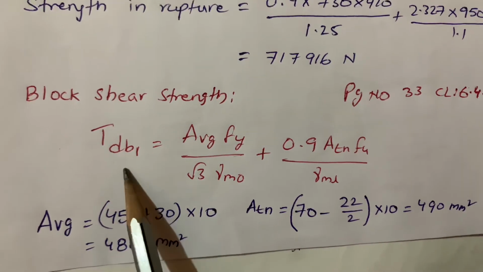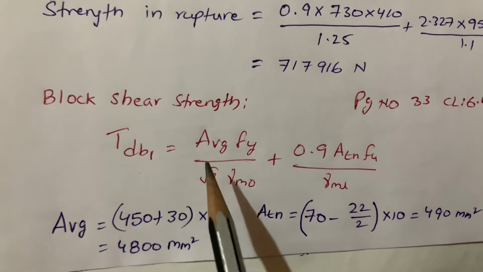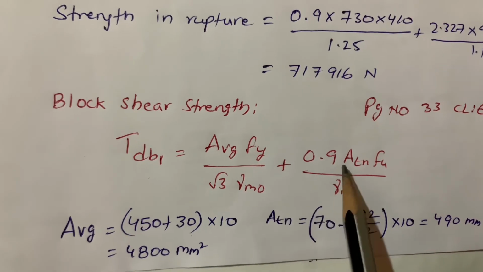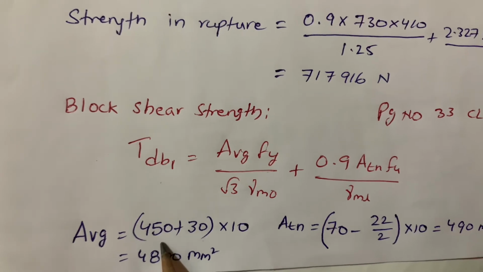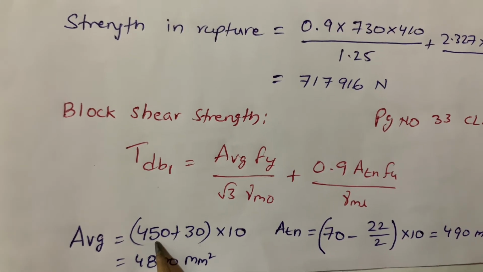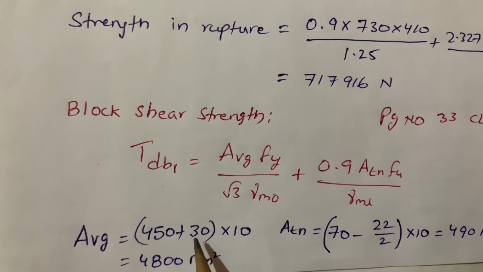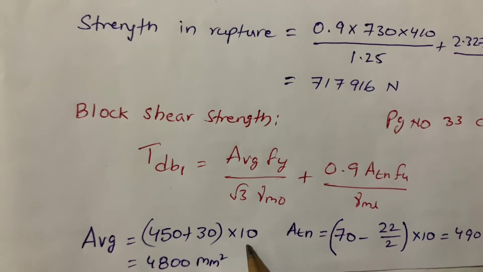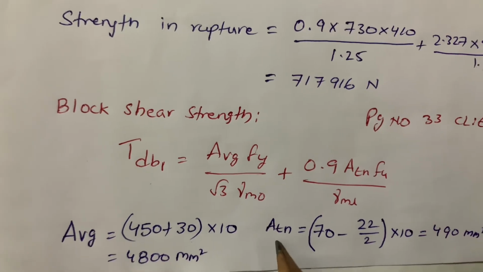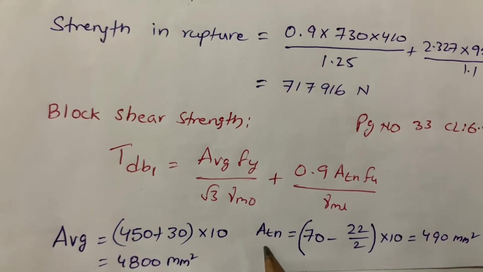I consider this as TDB1, the first formula. In this, AVJ is the gross area and ATN is the tension area. So AVJ, that is 450, length of the connection, plus 30, already calculated, that is the end distance, into 10, the thickness of the plate. And ATN is the tension side.